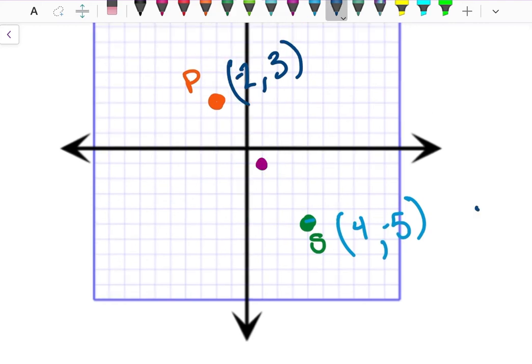So here's my points with my midpoint. Now, I can connect these, and you can see that they're pretty much the same. But if I try to draw a little triangle here between my midpoint and one of my endpoints, you can see that this triangle has a side with a length of 4 and a side with a length of 3. So to get from P to my midpoint, I went down 4 and right 3.